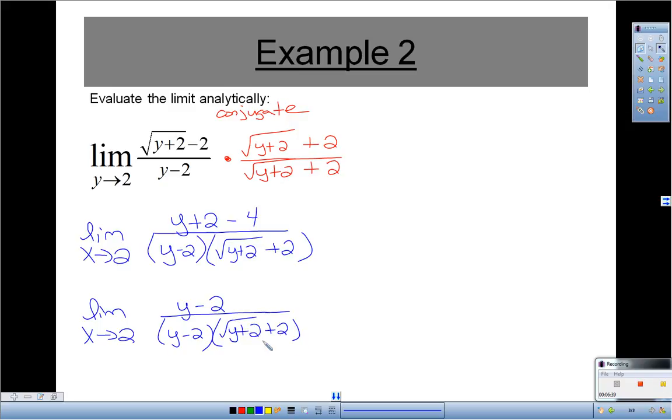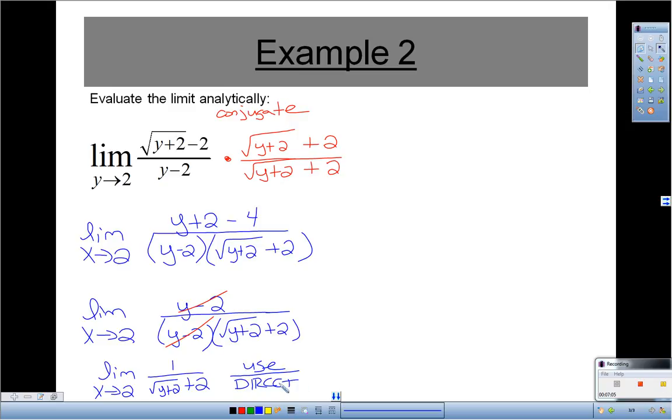The reason is because if you notice, the numerator now will cancel out with this term in the denominator, so that will cancel out. And so then that will leave me an understood 1 in the numerator. So the limit as x approaches 2 of 1 over the square root of y plus 2 plus 2. And now I can do direct substitution.